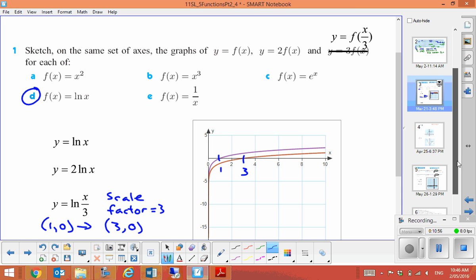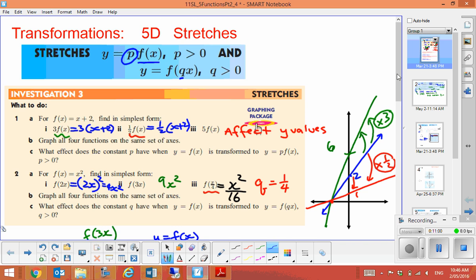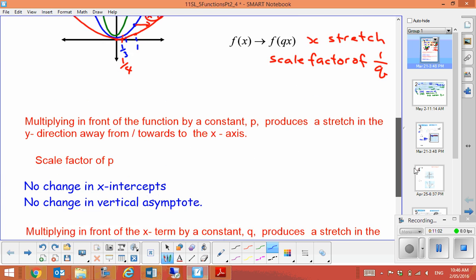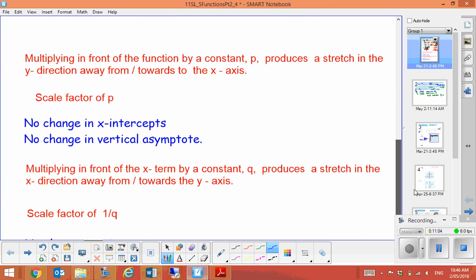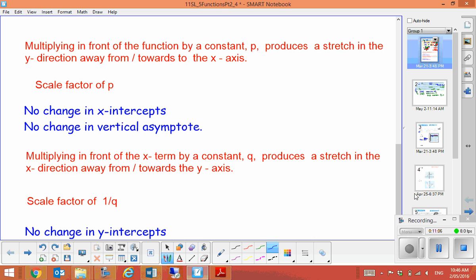There's a couple of other examples I want to look at. One, sorry, back here, I just wanted to include, I didn't go through these scale factors. Note, when you're doing a stretch in the y direction, you're getting no change in the x-intercepts, as we talked about. What I didn't talk about was if you've got a vertical asymptote, obviously if you do a vertical stretch, that doesn't change.